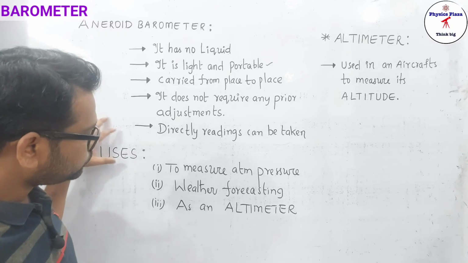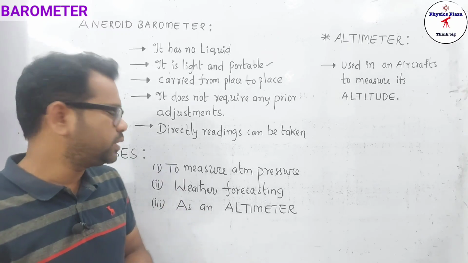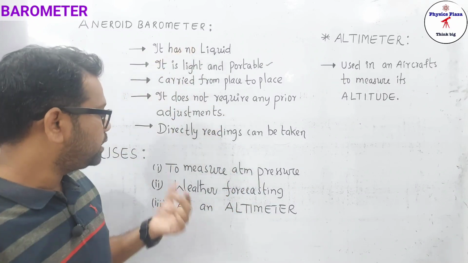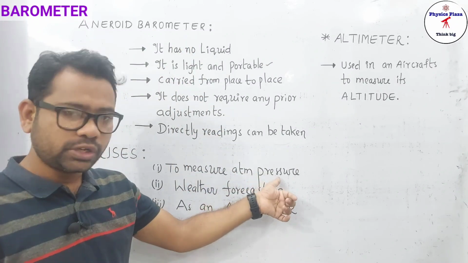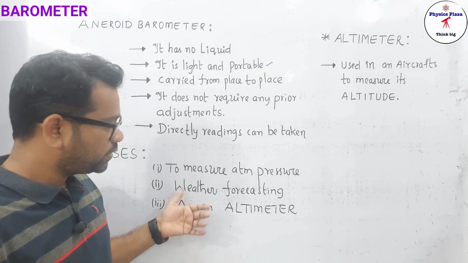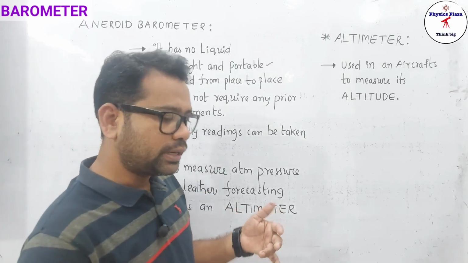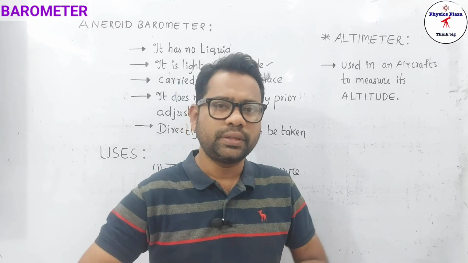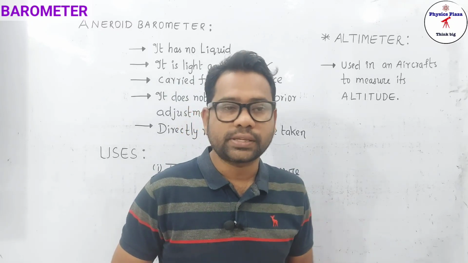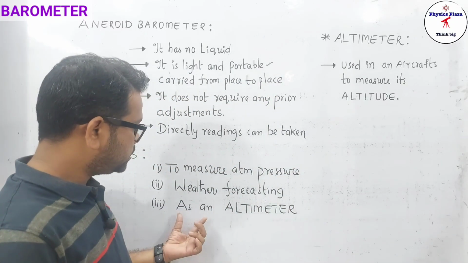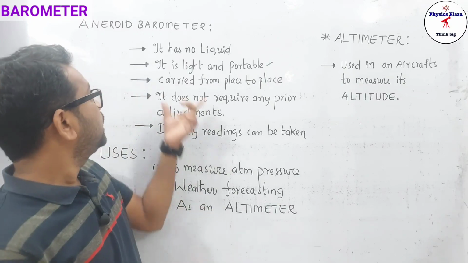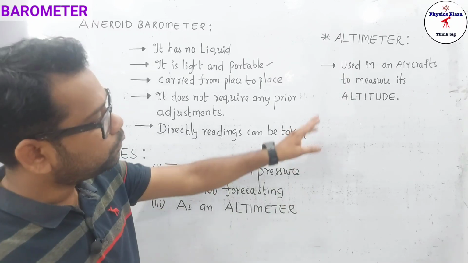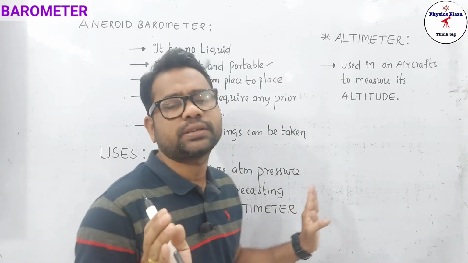And finally, look at the use of the barometer. Barometers are used to measure the atmospheric pressure, and for weather forecasting. So whether it is an aneroid barometer or a Fortin barometer or a simple barometer, whatever it may be, they are used for weather forecasting. And the last use is that the aneroid barometer can be used as an altimeter.